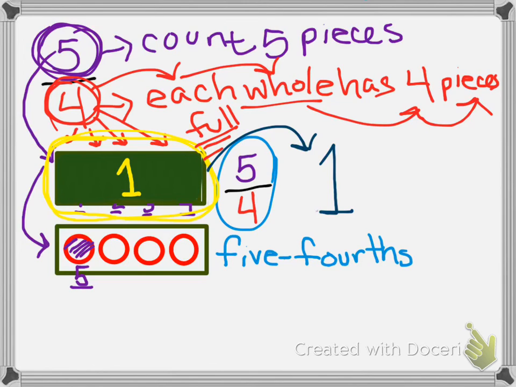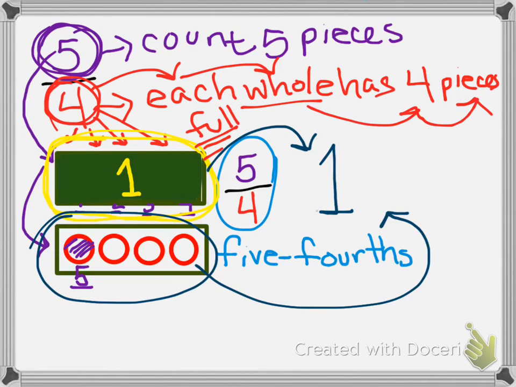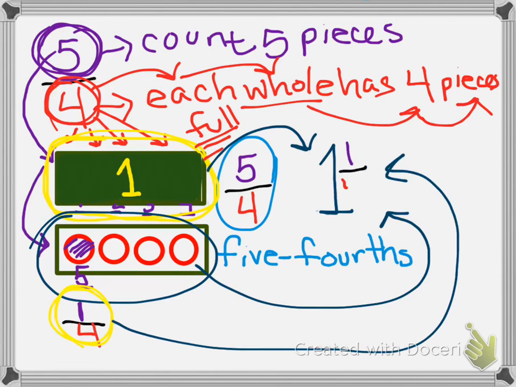Then I still have 1 extra candy down here out of the 4 holes in that whole box. So I would write that this way. 1 candy that I counted, 4 pieces in the whole box, and I would just stick that with my 1 from before, and that would look like that. I have 1 whole for the whole box.